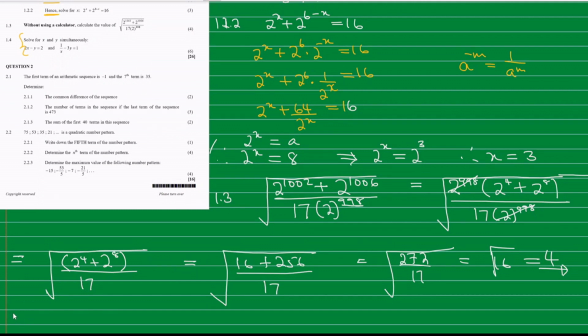Equation 1.4. Two x minus y is equal to 2. I'll always call this one equation 1. Then the second equation is 1 over x minus 3y is equal to 1. We'll call this one equation 2.